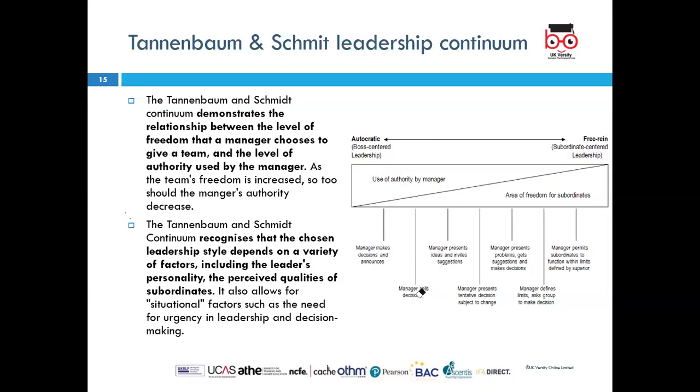As we go and give more, we focus more on our team and we give more freedom to the subordinates. You see that a manager, in the first instance, makes decisions and announces. So he talks, and that has to be heard, that has to be followed.